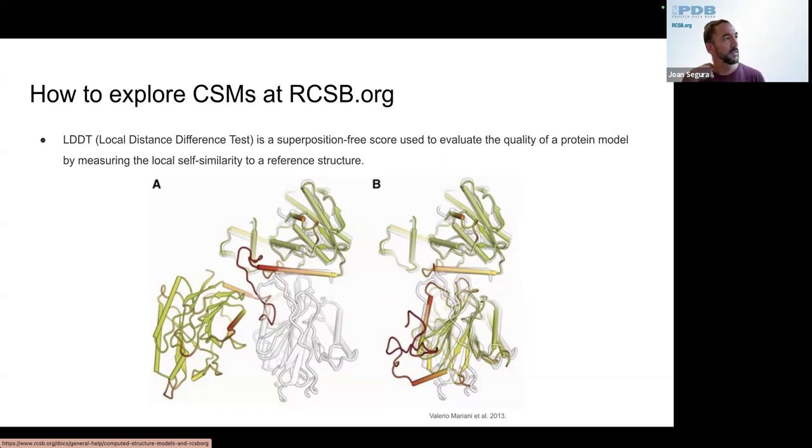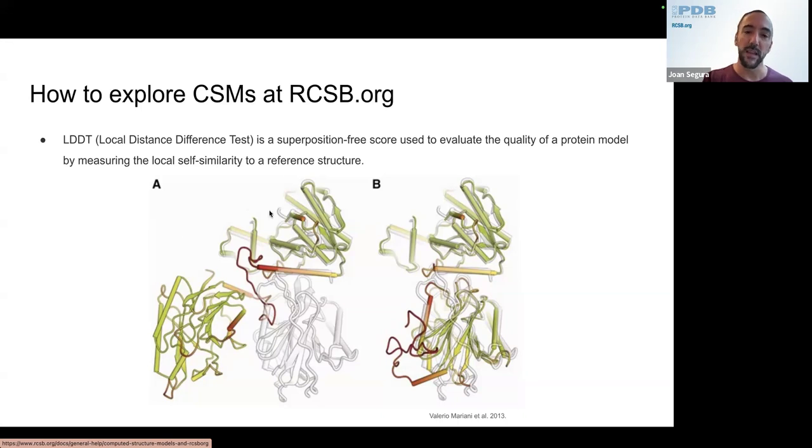The reason why this metric exists is because if you want to compare a predicted structure, a predicted model, with the native conformation, there are some situations as displayed in this picture. This picture comes from the original publication of the LDDT. In this case, we can see that this protein is composed of two globular domains connected.